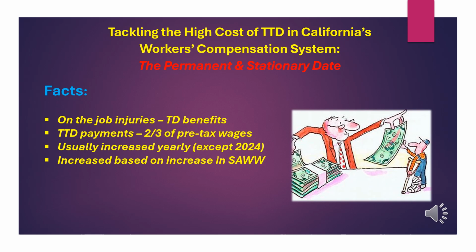Those benefit amounts usually change every year, except in 2024 when the rates went unchanged. That was because the TTD rate must be increased by an amount equal to the percentage increase in the state average weekly rates as compared to the prior year. And there was no substantial change in the percentage, so therefore there was no raise.